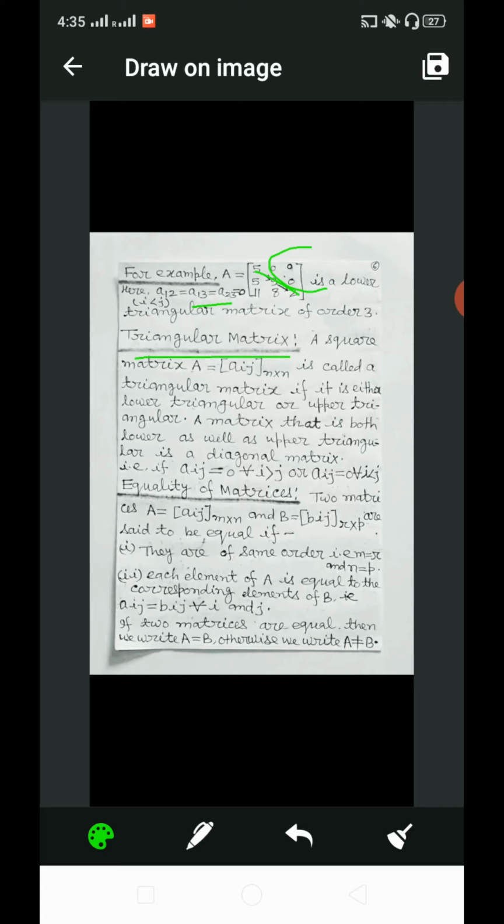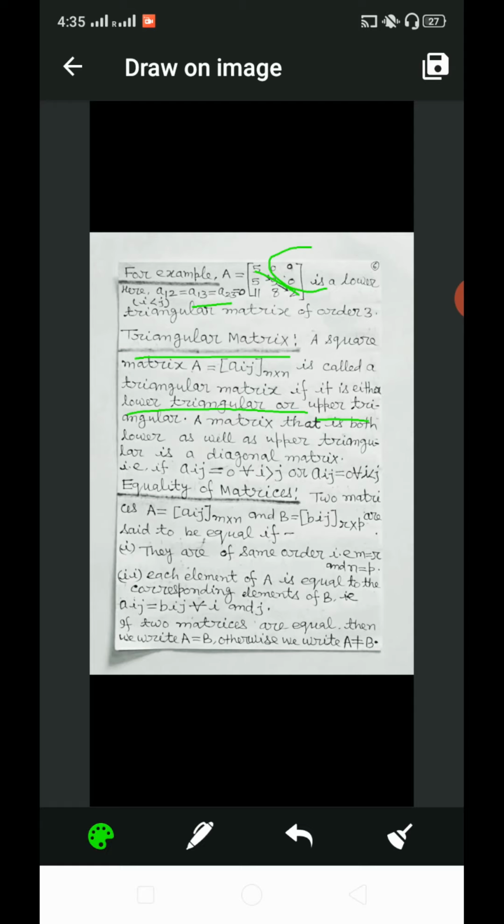A square matrix A equal to Aij of order n is called a triangular matrix if it is either lower triangular or upper triangular. Means a lower triangular matrix or upper triangular matrix, we can say that any one of these is called a triangular matrix.